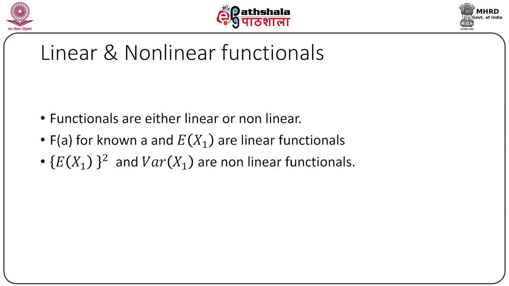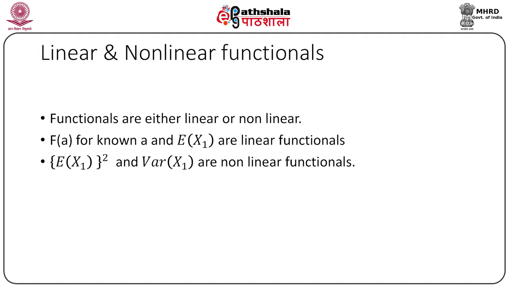A functional can be either linear or nonlinear. We start with linear functionals. So we start with the definition of a linear functional. Consider two distribution functions F1 and F2.